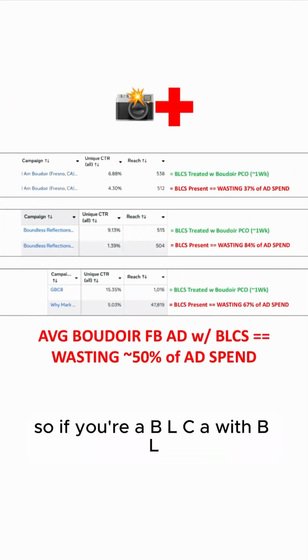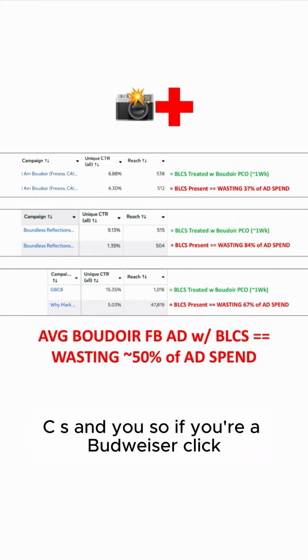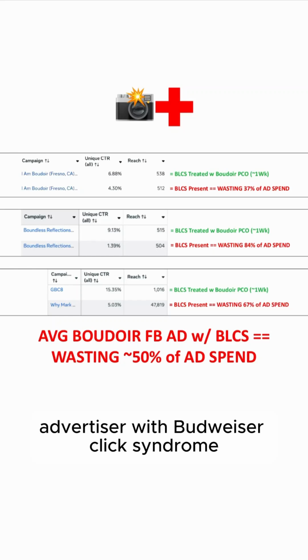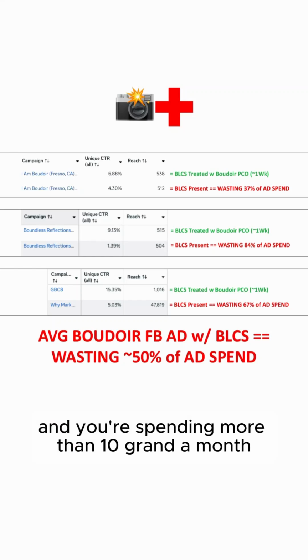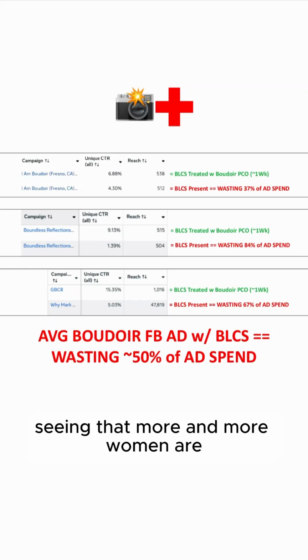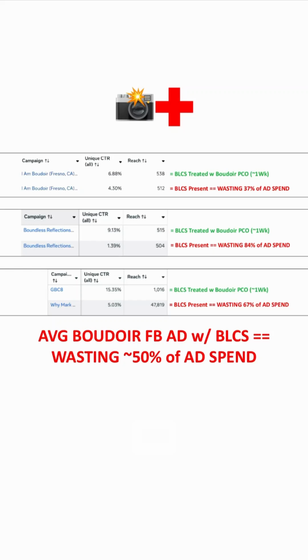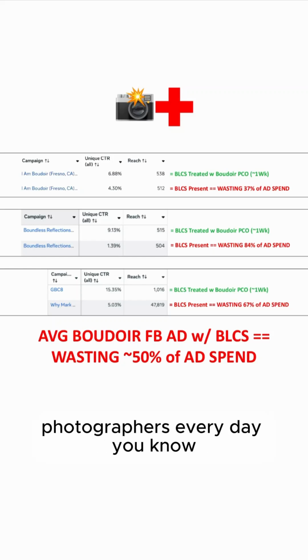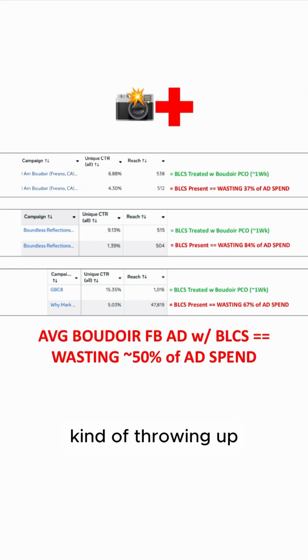So I do believe its unique CTR is under 6%. So if you're a Boudoir low click advertiser with Boudoir low click syndrome, and you're spending more than 10 grand a month on Boudoir Facebook ads, and you're looking at the marketplace seeing that more and more women are entering the marketplace as boudoir photographers every day, kind of throwing up.